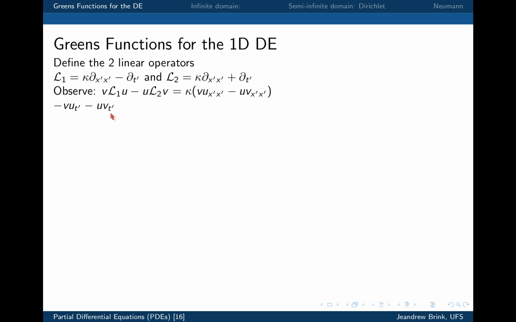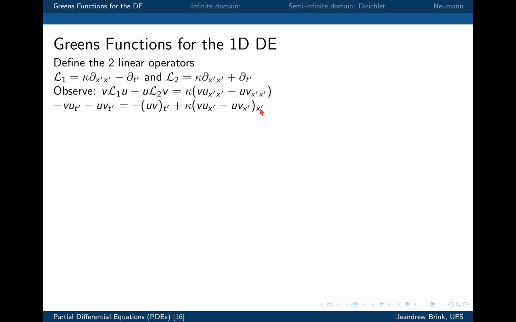And once again, we want to use a divergence-like thing, so we now have that expression. These last two terms can be written as a complete differential with respect to time, and the first term with the double derivative with respect to x can be written as this thing in brackets, differentiated with respect to x.